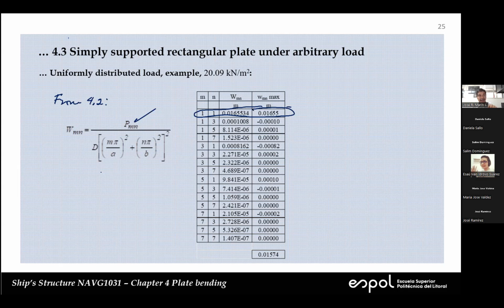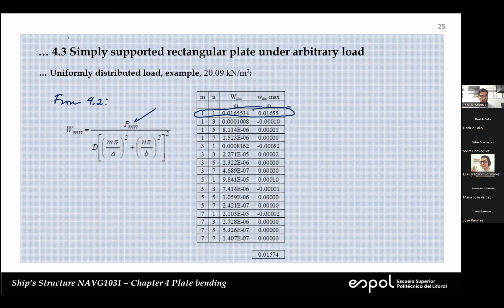In 4.2, we solved the bending of the rectangular plate simply supported with a sinusoidal load applied on it. So we have this already. We just took the solution from there. So this is the amplitude of each one of the terms.